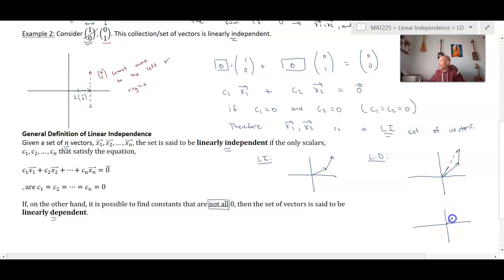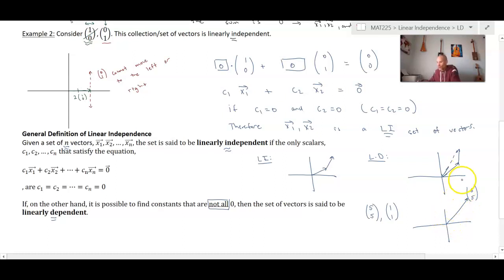So perhaps one of them is, say, the vector 5, 5, and then let's say you also have another vector 1, 1. Well, 1, 1 is just 1/5 of the 5, 5 vector.